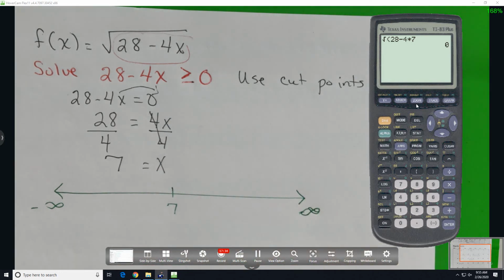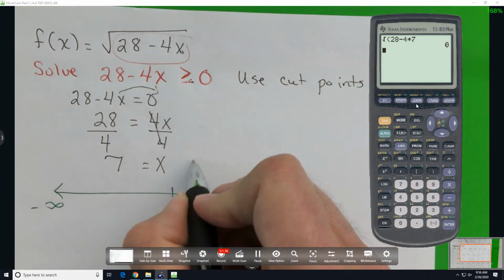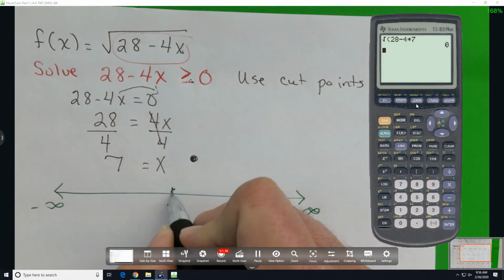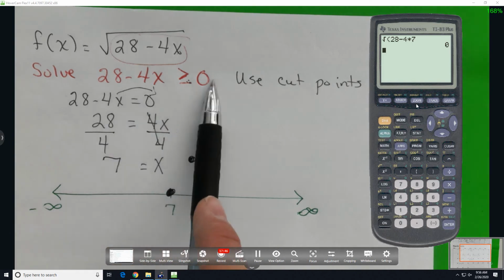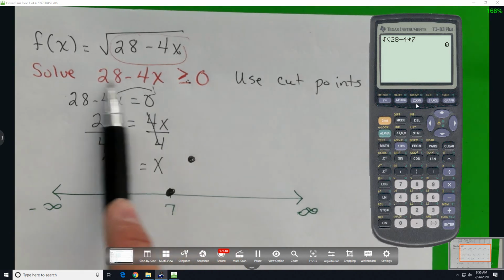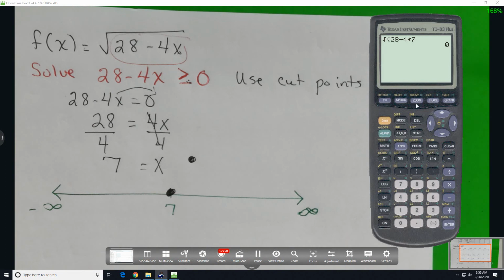Open or closed circle? Yeah, closed circle. And then test one of these. When I say test it, I'm plugging it into the statement that has the greater than symbol. What do I normally use to test? 0. And 0 would be right here between a negative and a positive.